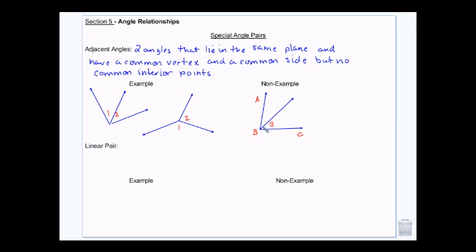ABC and 3 share this side BC, but they're not adjacent. Angle 3 is inside of angle ABC. So adjacent means next to one another, like glued together side by side, not one inside the other.